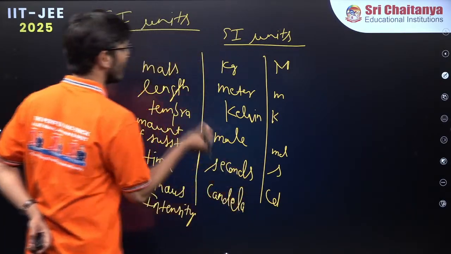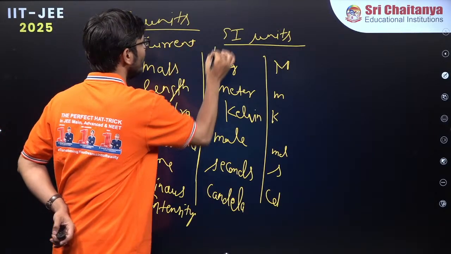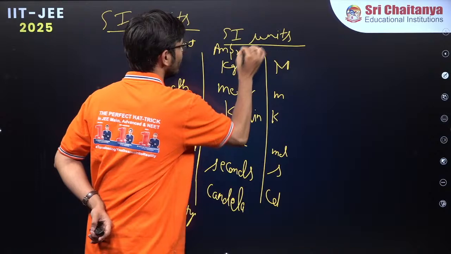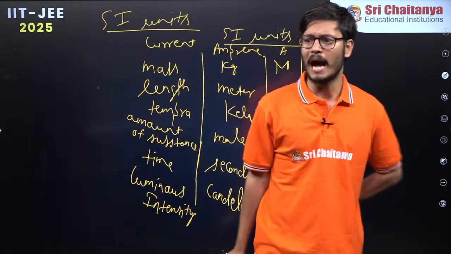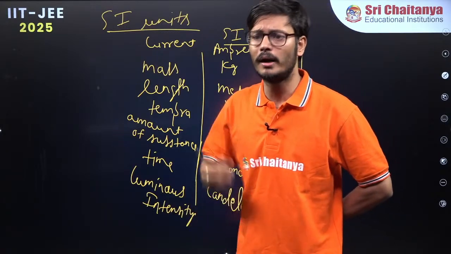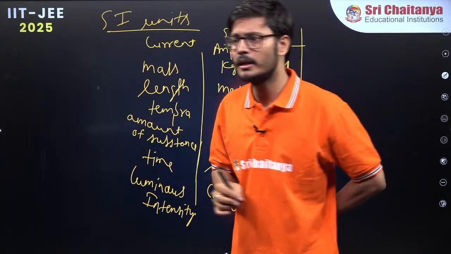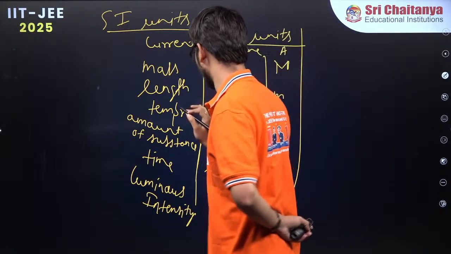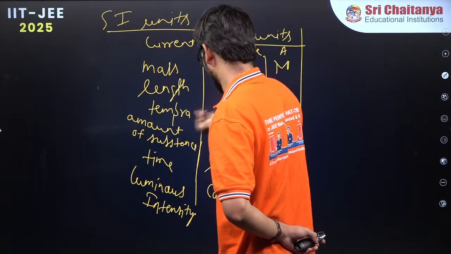And there is one more, current, right? So what is the SI unit of current? Current's SI unit will be ampere. Symbol will be A. So these are the SI units we are having, and 7 SI units we have. And this is very, very important to understand few aspects. In this class, we are going to elaborate some mass and how to measure the volume.